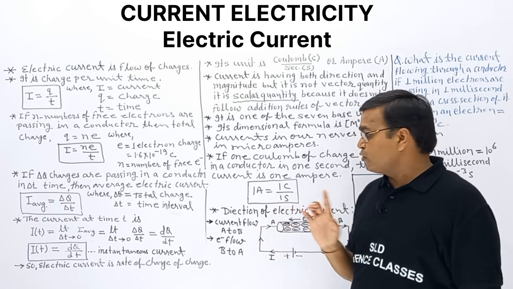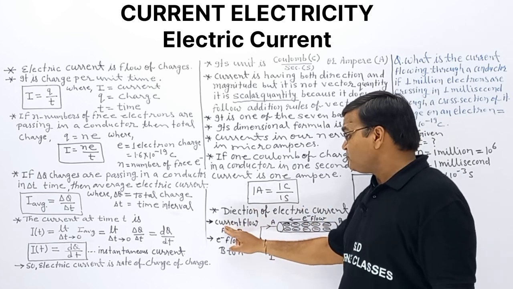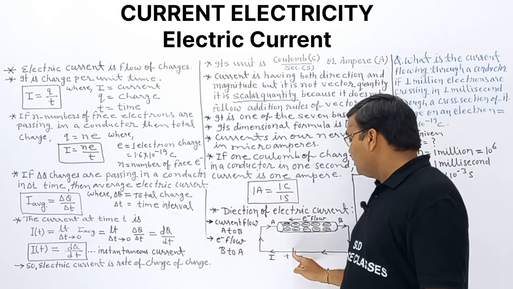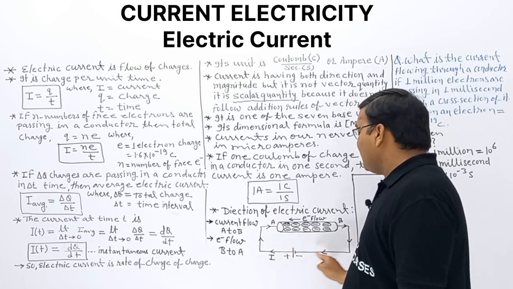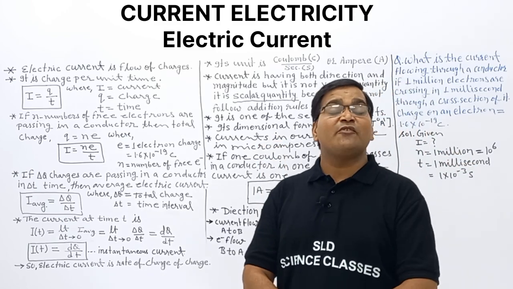So the direction of electric current in a circuit is from the positive terminal to the negative terminal. But in the conductor, we have free electrons.